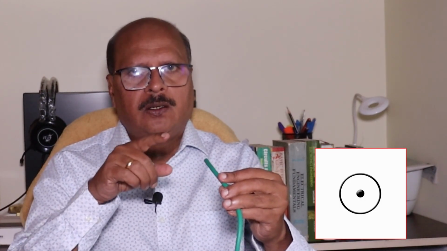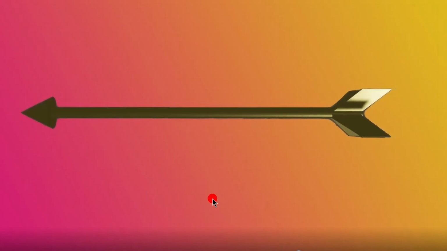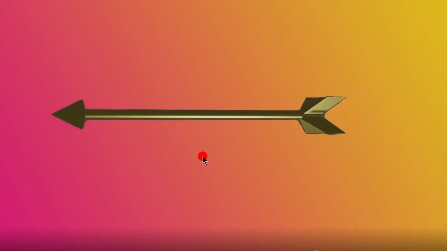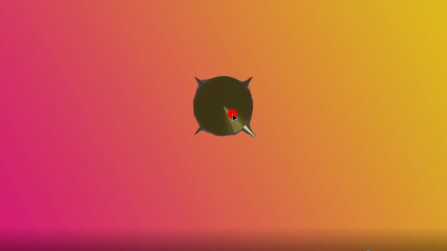Suppose in this conductor, the current is coming towards us, we will mark it with a circle with a dot inside it. See here, in this wire, current is coming towards us, so we will mark it like this. To remember this, consider an arrow which is coming towards us. When it is towards us, we will see its front sharp point inside the circle.